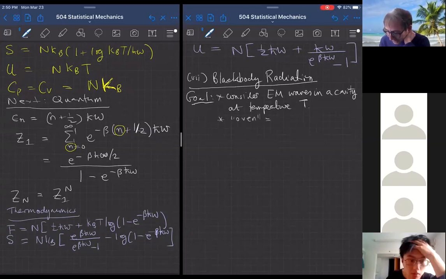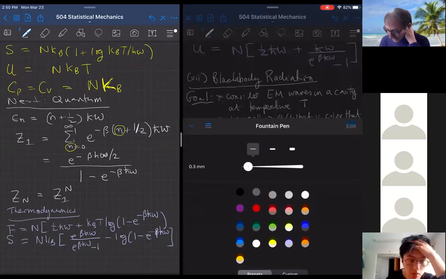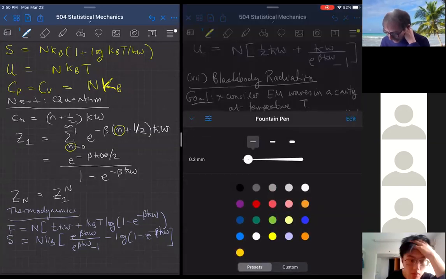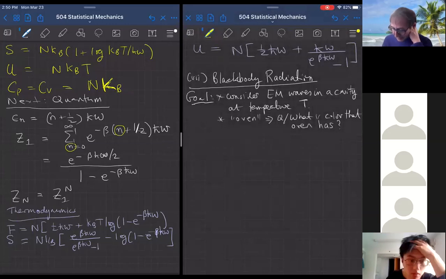And so the question is, what is the color that the oven has? We can answer that by statistical mechanics. Now, the theory is really two parts, and it's very easy to get them confused.